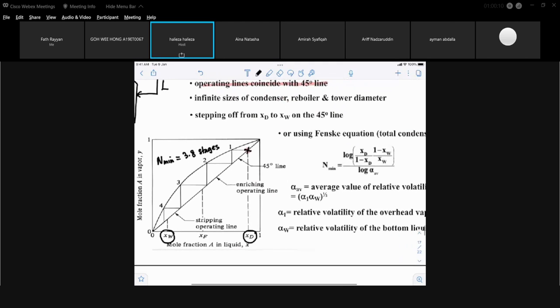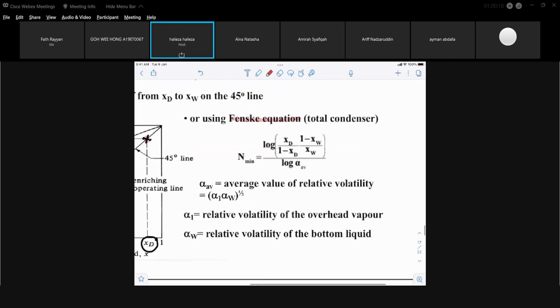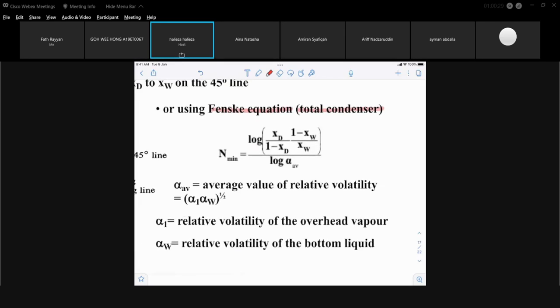Or what you can do is use the Fenske equation. You can calculate it analytically, provided, of course, you have a total condenser, because all of your vapor will be condensed. If you use this Fenske equation, you need the average relative volatility. The mole fractions are obviously already given.